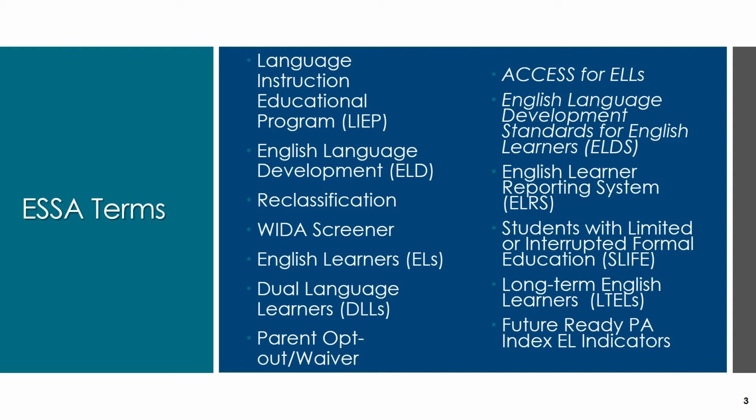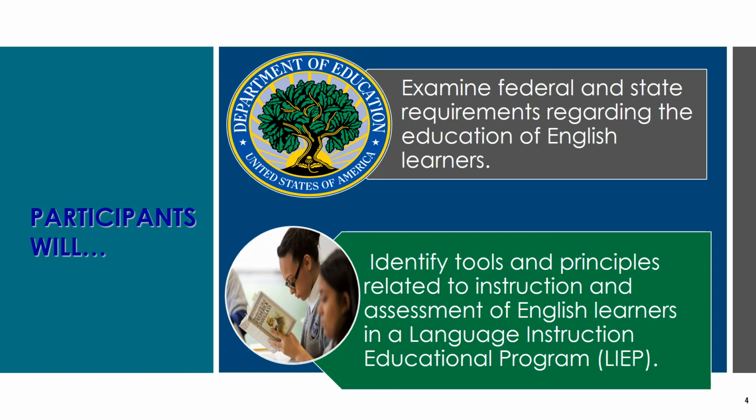We are also going to present you with the Future Ready PA Index for the EL indicators. So all of these terms are very important for you to understand, because in your program you will have to actually use many of these terms, and also you will have to report on very specific data. During this webinar, we are going to examine federal and state requirements regarding the education of English learners.